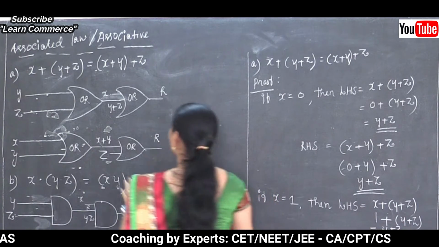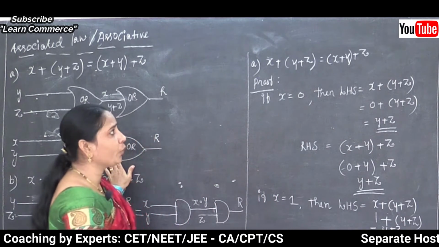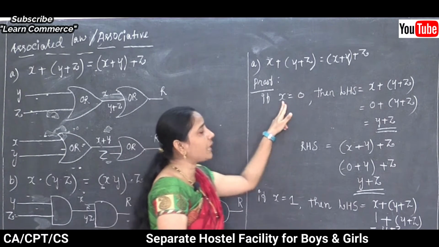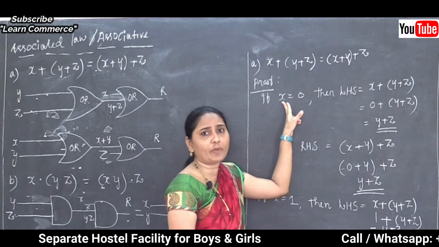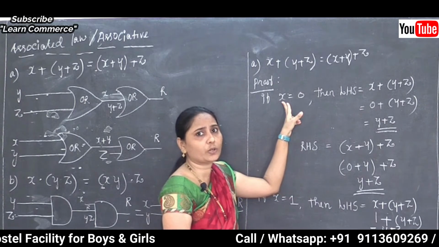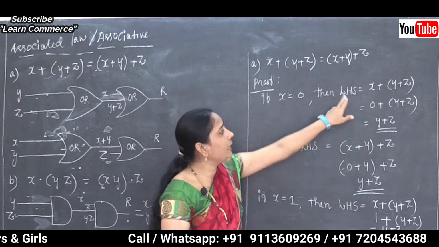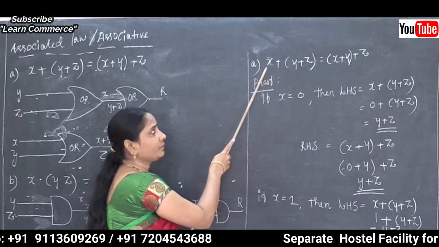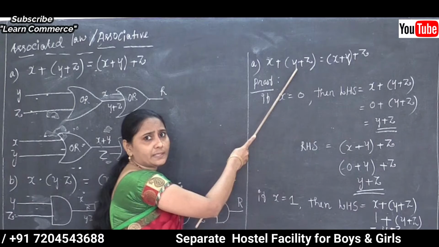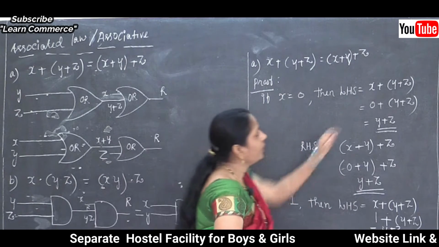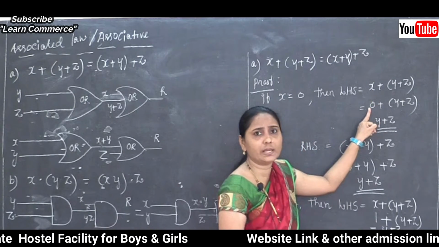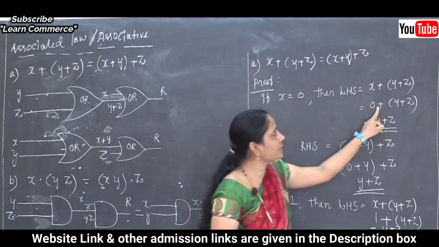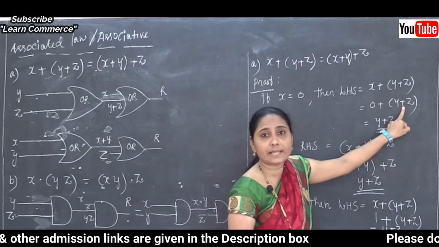Now we are going to prove whether it holds or not. So proof. First I am taking the value of x as 0. X is equal to 0. Then the left hand side value is x plus, in parentheses, y plus z. So the x value is 0 plus, as it is, y plus z.